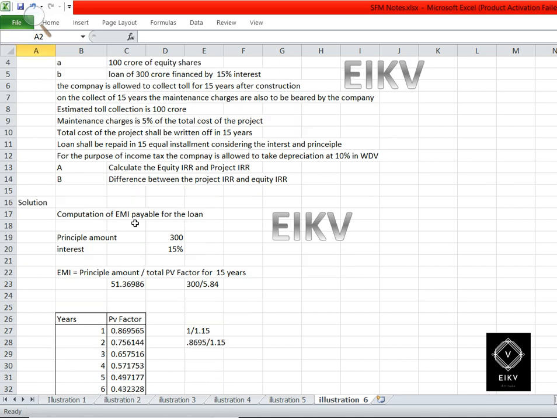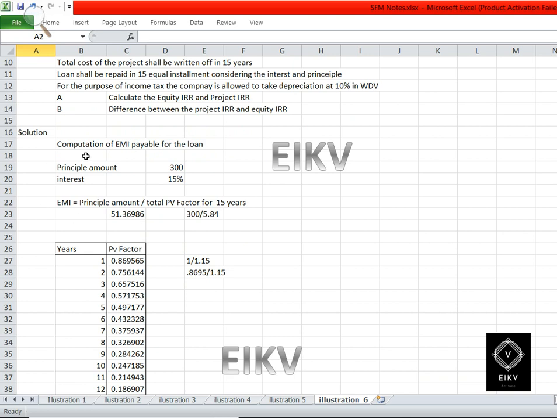So guys, I'm going to the solution. For this illustration, first we need to compute the equal annual installment of the loan. For this computation, we have some details from the problem: principal amount is 300 and interest rate is 15%.